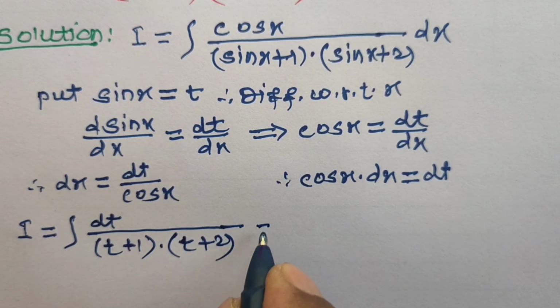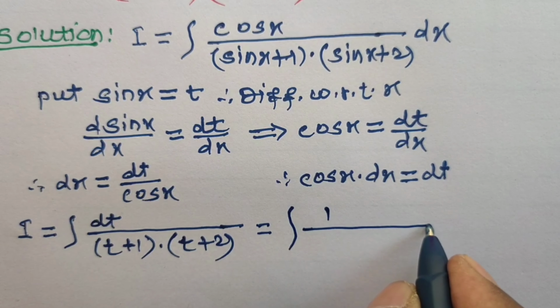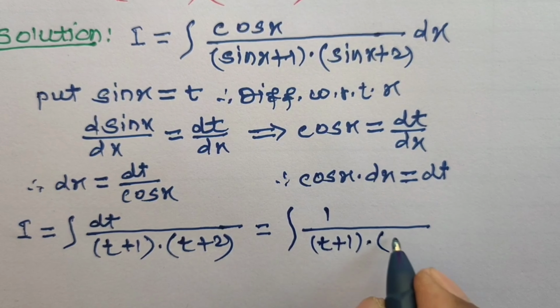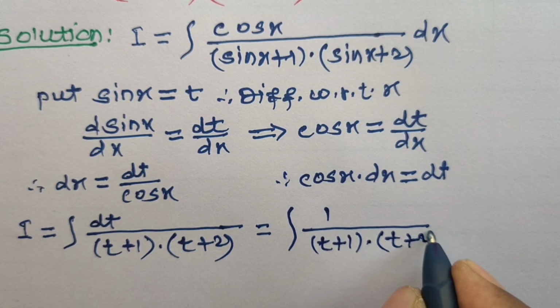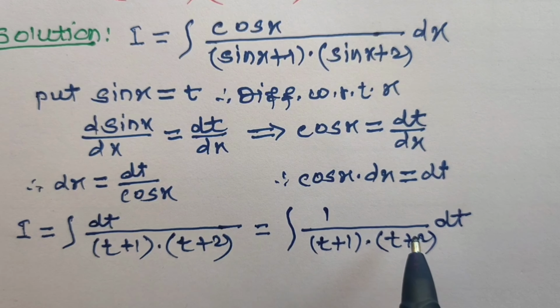Hence I is equal to integral of 1 upon (t + 1) into (t + 2) dt. The integrand is a proper rational function.